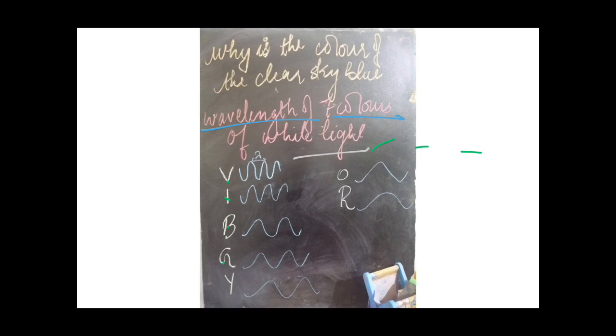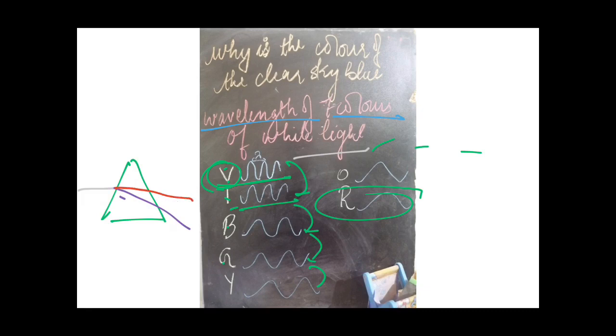The wavelength of violet color is the smallest, indigo is bigger than that, then bigger, and the highest is that of red. That's why when white light goes through the prism, the violet color is dispersed or refracted the most, while the red color is dispersed the least. This is the reason: one has more wavelength and the other has less.